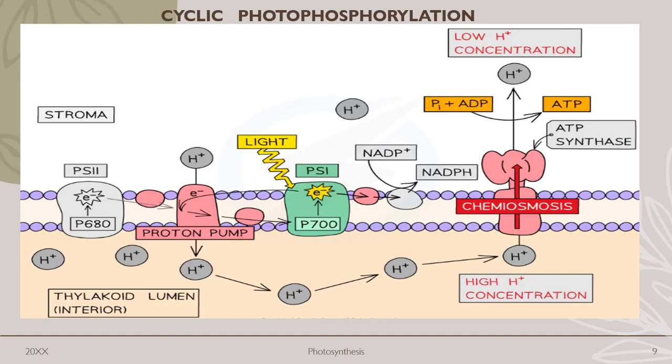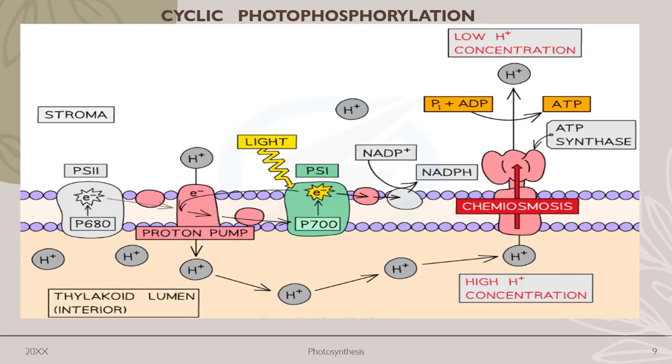When the excited electrons are accepted by the proton pumps, the movement of the hydrogen ions becomes easier. The electrons release energy, and the hydrogen ions are transported into the thylakoid lumen.